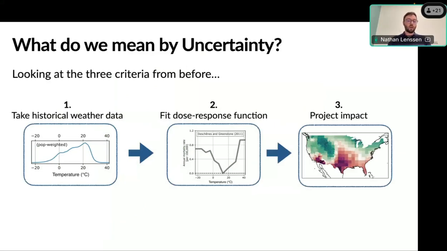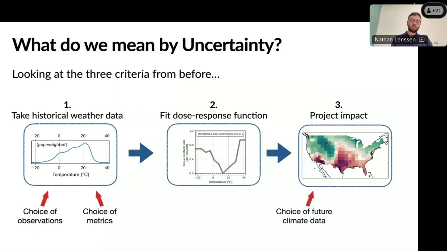We're taking historical weather data, we're fitting these dose response functions, then we're projecting this impact using changes to historical weather data. And so, of course, we have to choose observations. I just talked about how that can be a problem. And we have to think about how we want to summarize the impacts of climate and weather on humans, or what metrics we use.